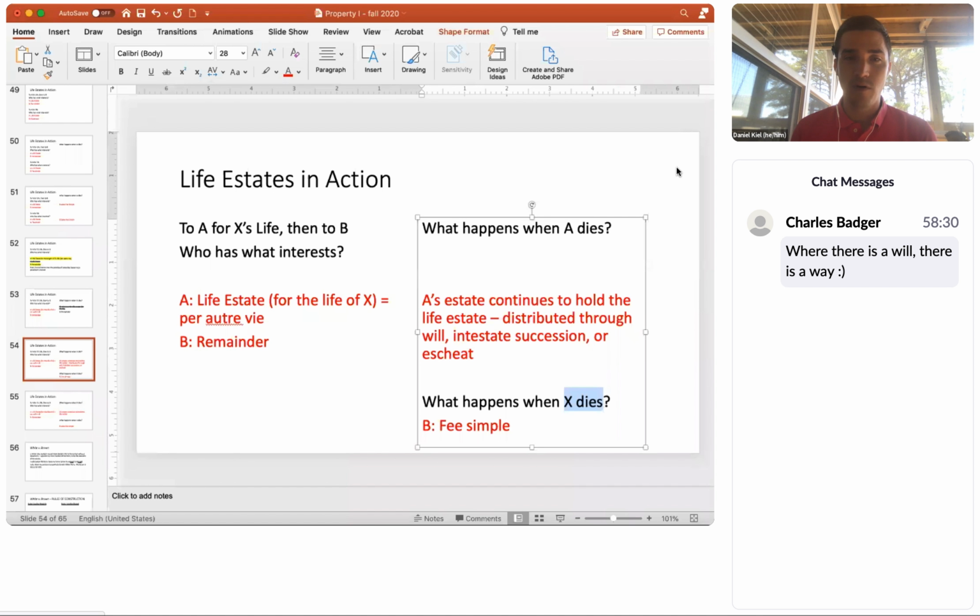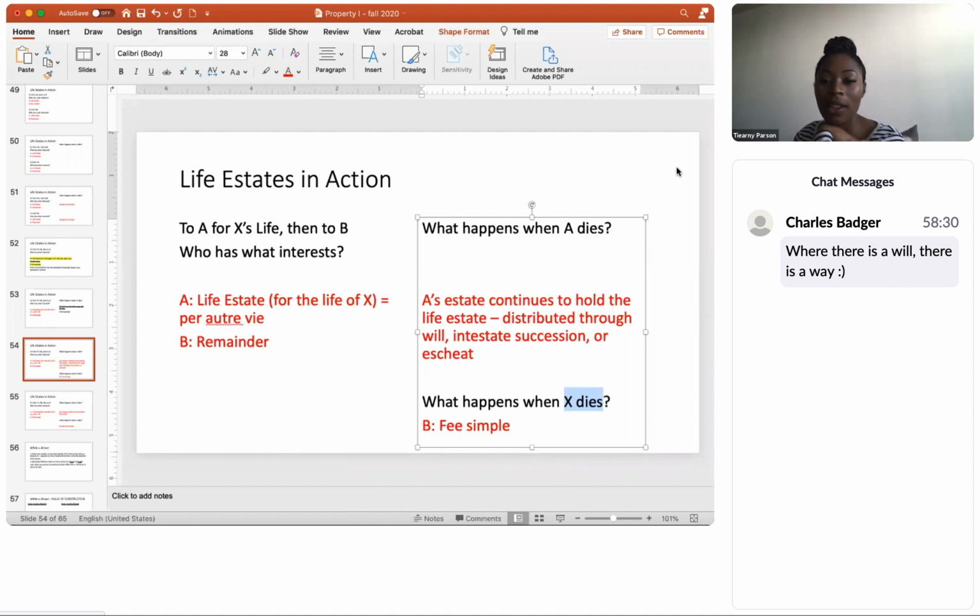In that example, Daniel is the grantor, O. Tierney is A. Jaski is X. And Abby is B. And so you can see we have four different individuals involved in this: the grantor, me; the life estate holder, you; the remainder holder, Abby; and then Jaski, who has no interest in this property, but it has been connected to his life, his being alive.